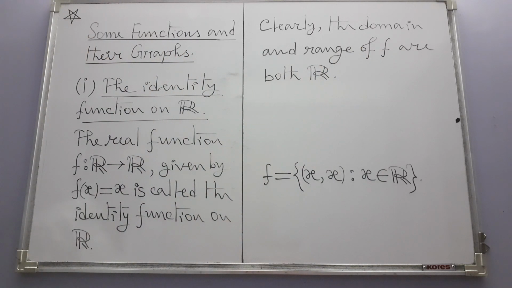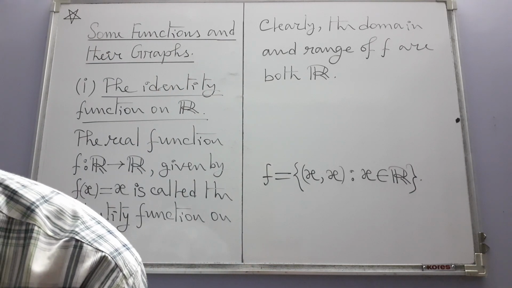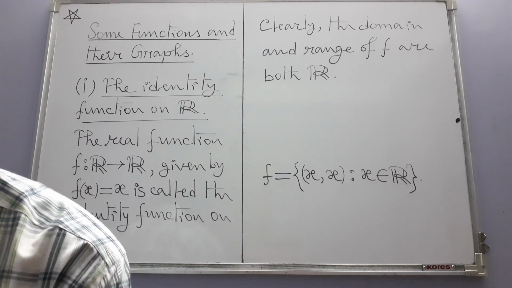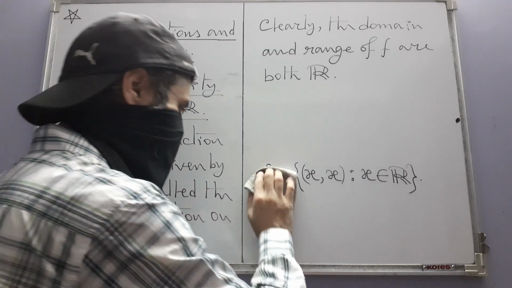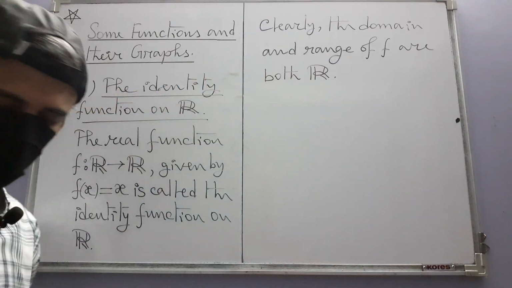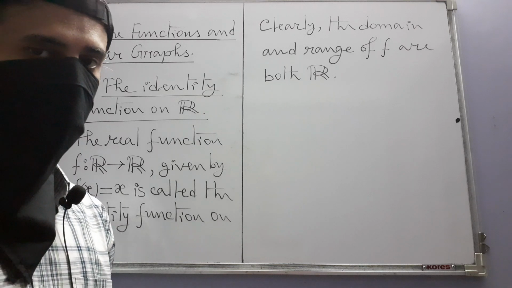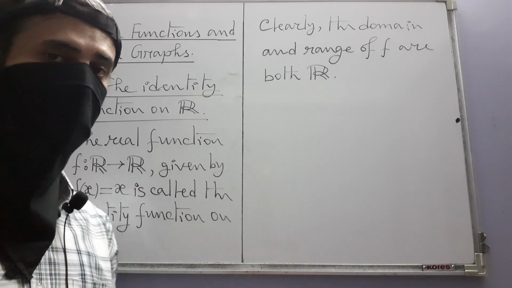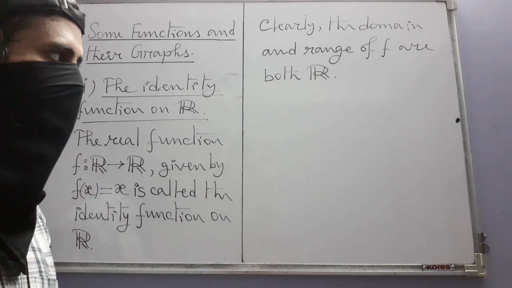Alright. Now next comes the graph of this. You have definitely already seen graphs of such functions, not just this one, but again we are going to look at the graph. Now what do you do while trying to draw the graph of a function? You make a small table of values, right?